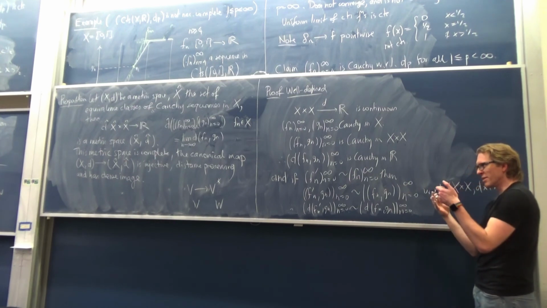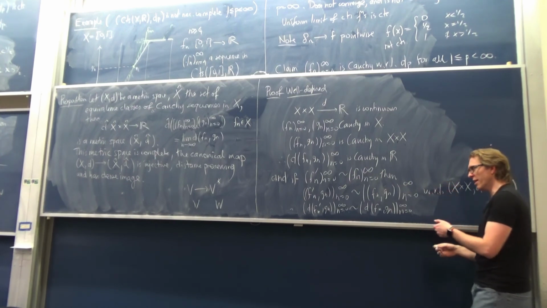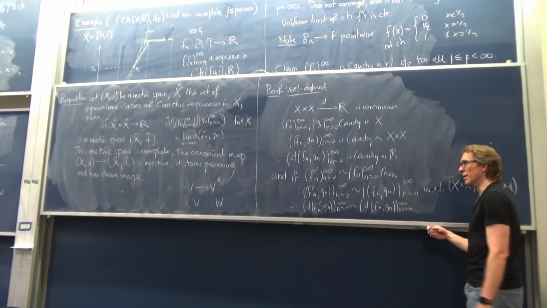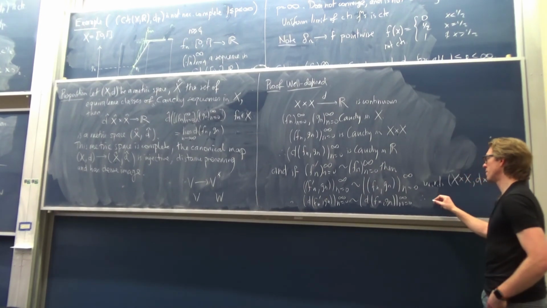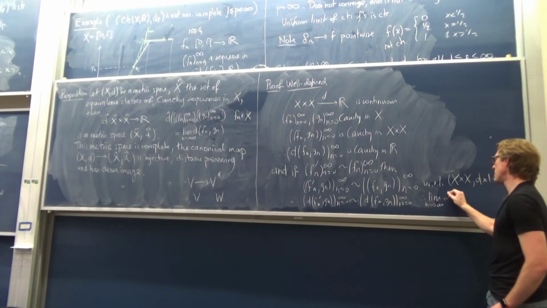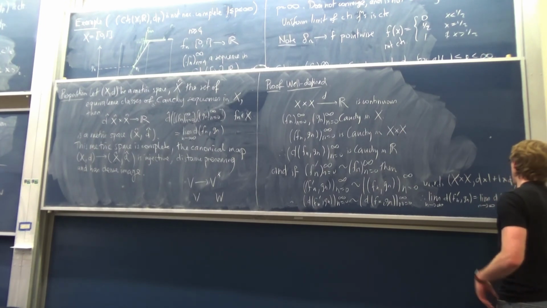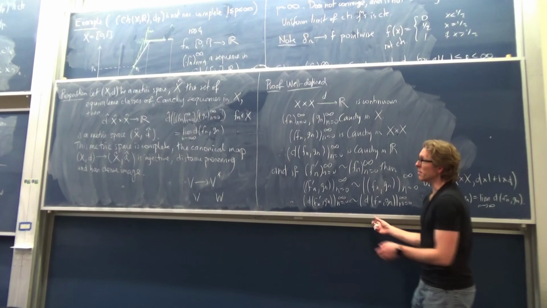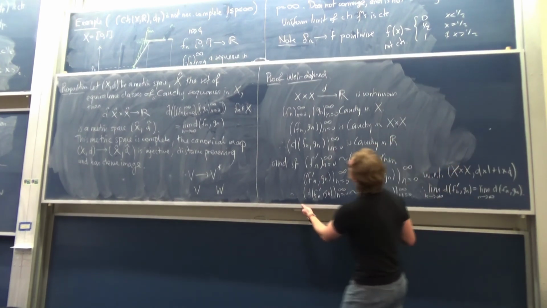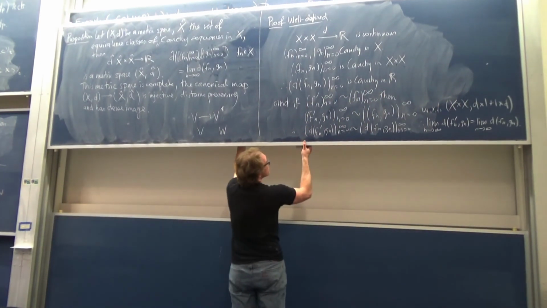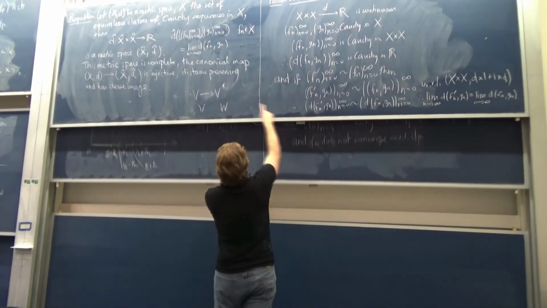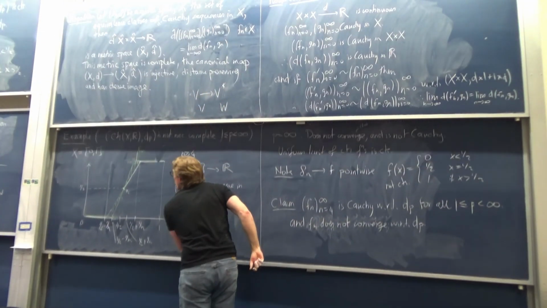But if two Cauchy sequences are equivalent, that says precisely that their limits are going to be the same. I don't know if that's what I wrote down in the notes, or maybe I did it by hand. Okay, so that shows that this number is well defined.